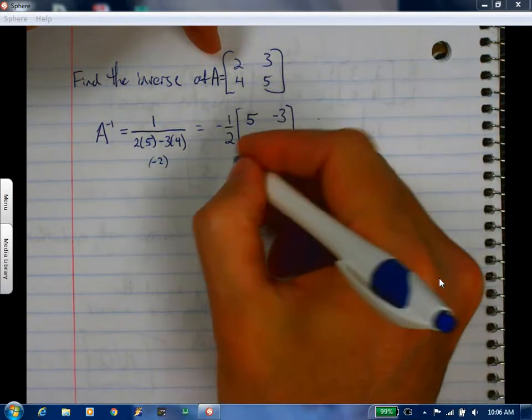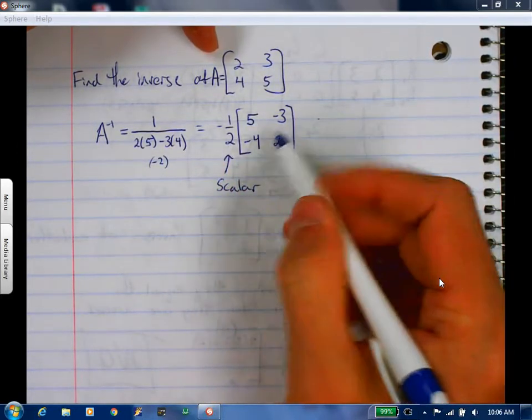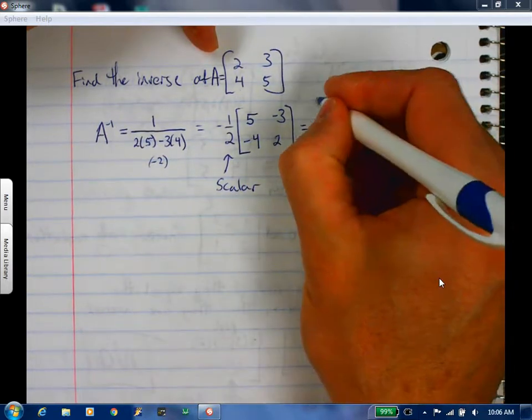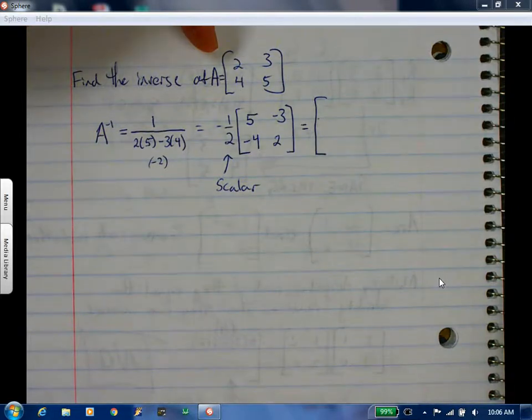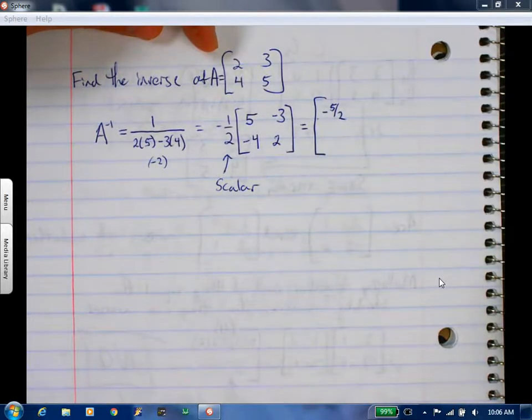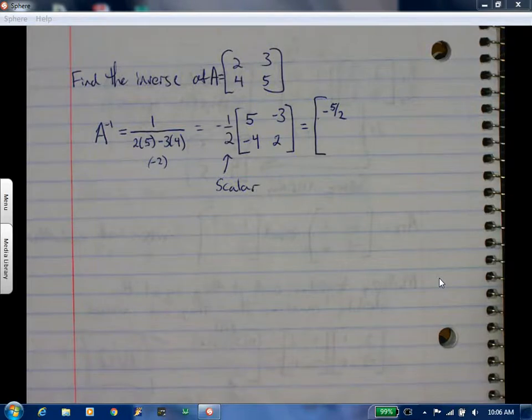Now remember, this is a scalar, so you can just distribute through everything. So negative 1/2 times 5, I'm just going to say negative 5/2, or negative 2.5. If it's a nice clean decimal, you can put it as a decimal. If not, leave it as a fraction.